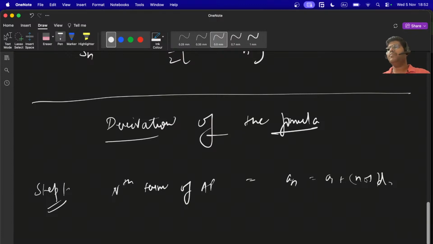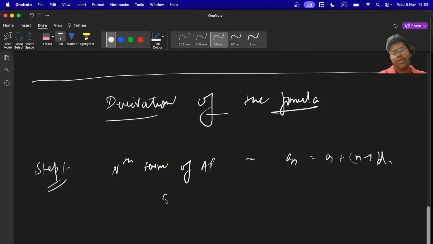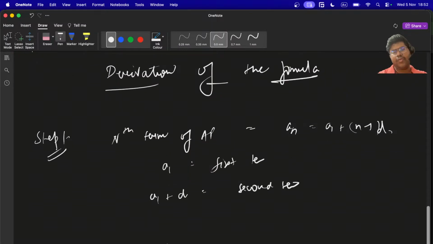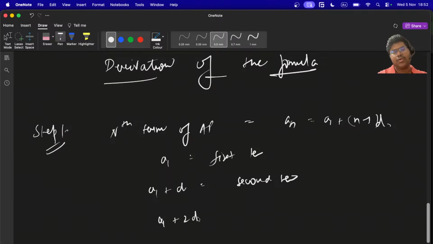Where a1 is the first term, a1 plus d is the second term, and a1 plus 2d is the third term, and so on.